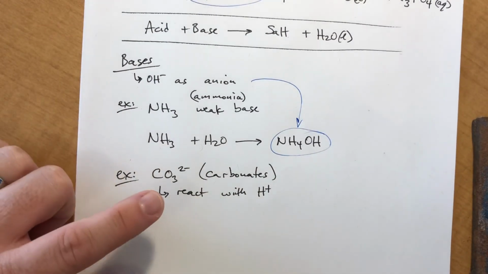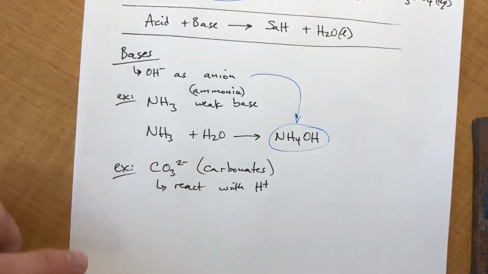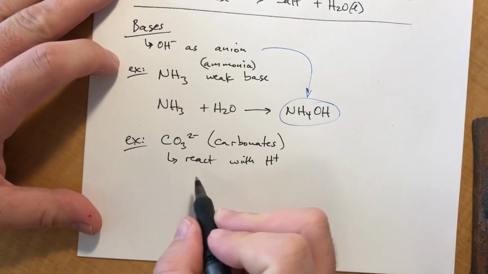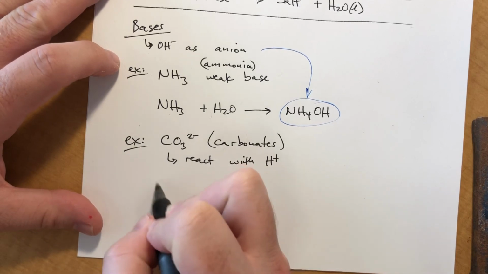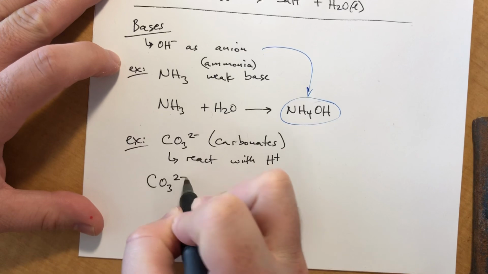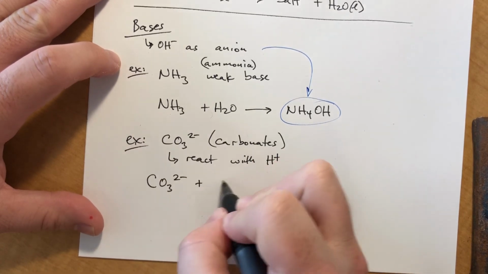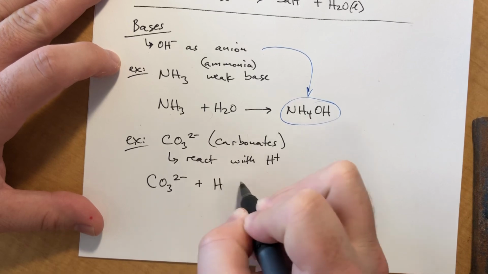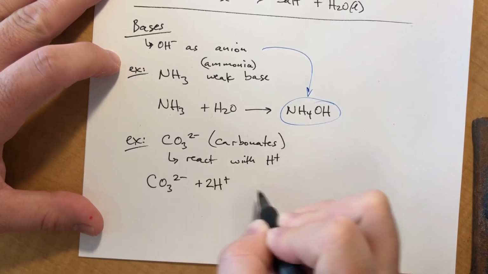You get water. Well, this also reacts with H+, but it's not an OH. It actually reacts with two equivalents of H+. So if you throw a CO3 2- in water, in the presence of acids, it will take two of those.